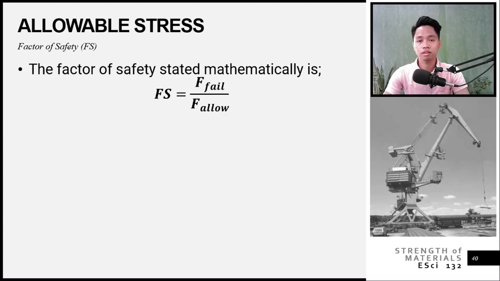Because soil is very uncertain, and with so many uncertainties in its properties, we use 3. Also, in many cases, especially in structural codes or references, there are specific values of factor of safety to be used in design just to ensure safety. These are stated in the structural code.